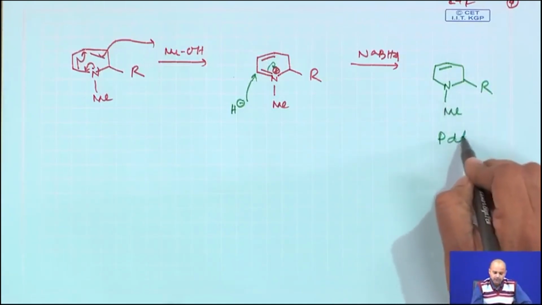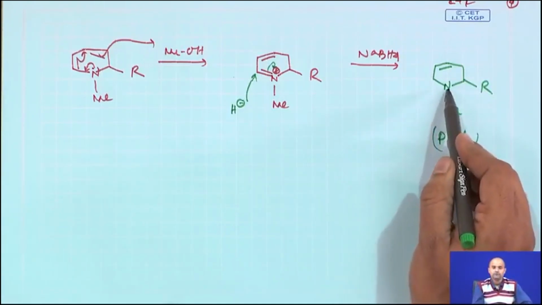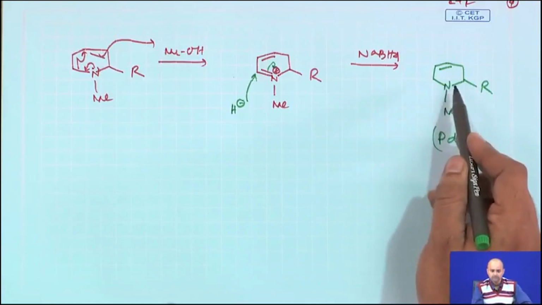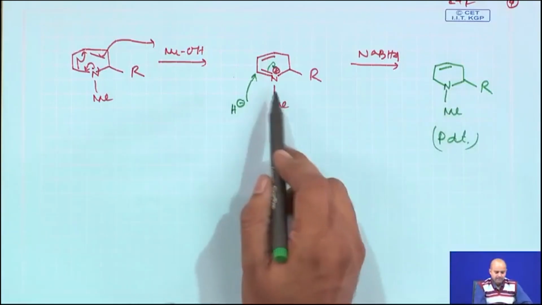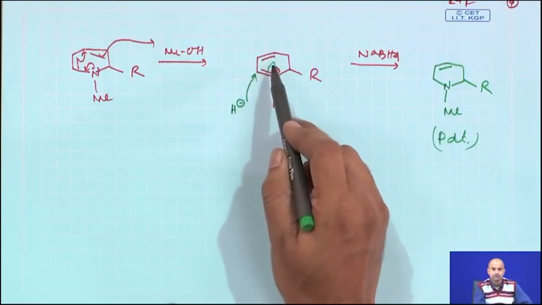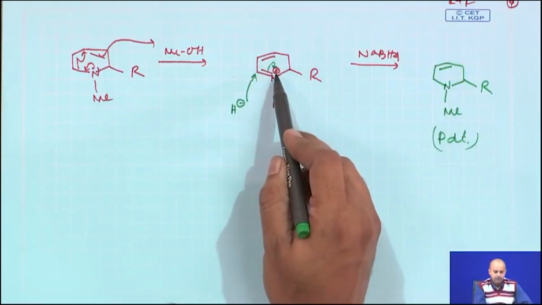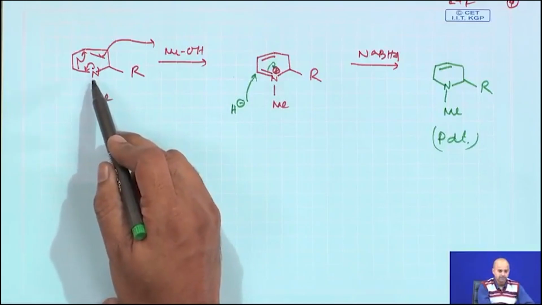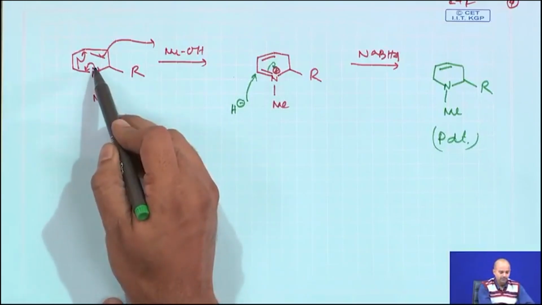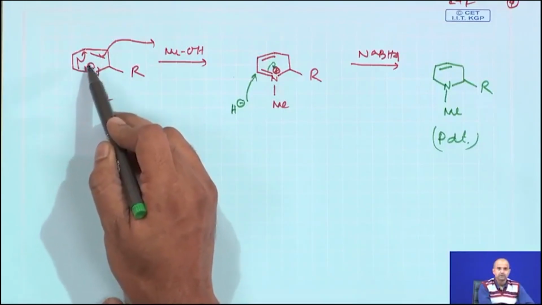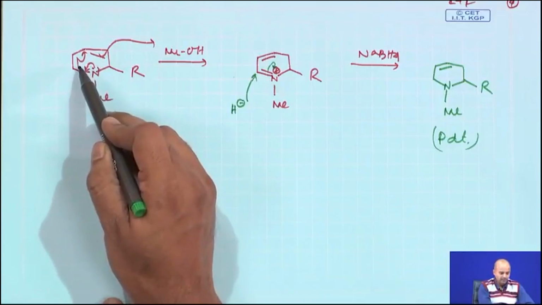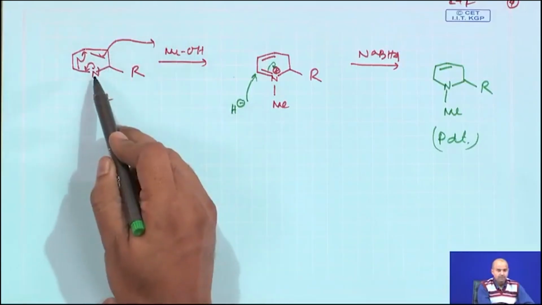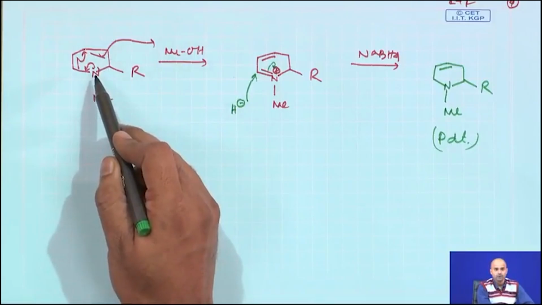So, you may now argue, again this nitrogen, is it possible to form another iminium ion? The answer is no. Initially you have a conjugated system. So, that is why the iminium ion formation is quite possible, like in the initial case, the lone pair gives this electron donation, it is having an allylic system, it comes here and it abstracts the proton. So, iminium ion formation is possible only twice.